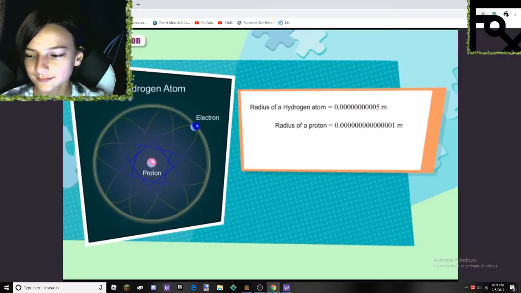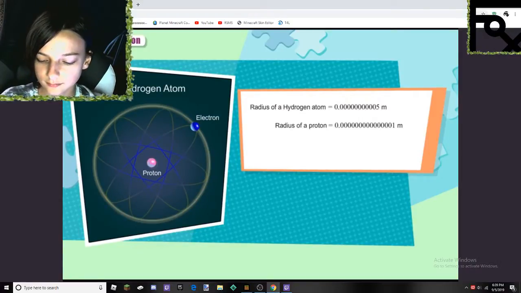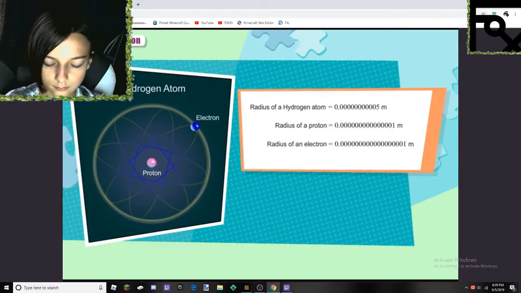The radius of a proton is known to be about 1/quadrillionth of a meter, 15 places to the right of the decimal point. And the radius of an electron is thought to be even smaller again, at about 1/1000th of the radius of a proton.